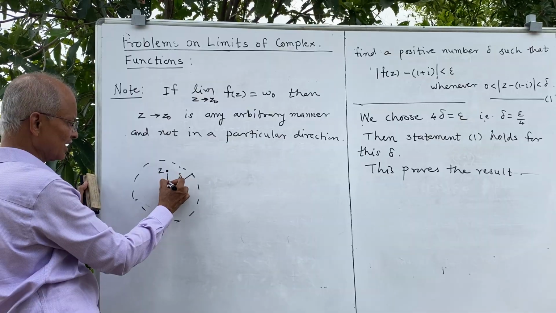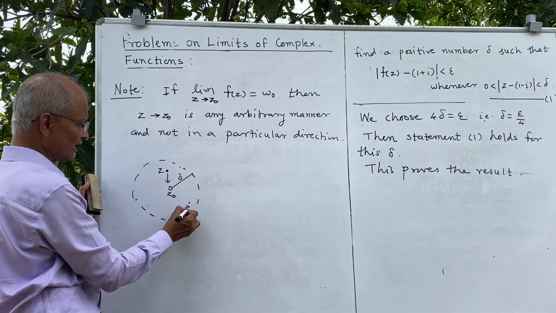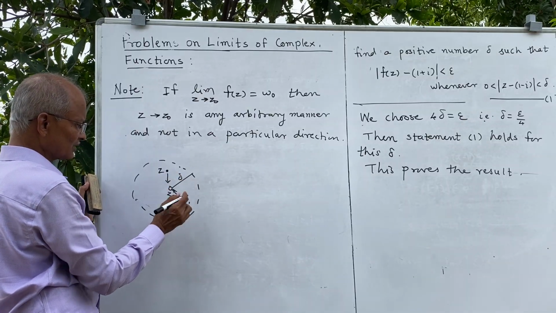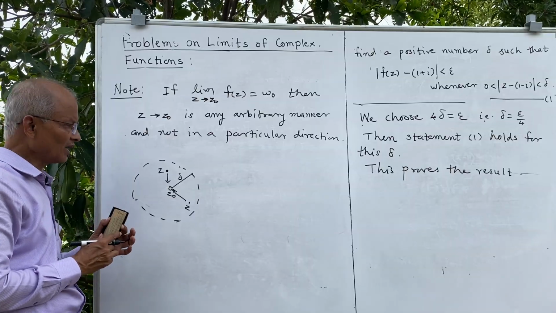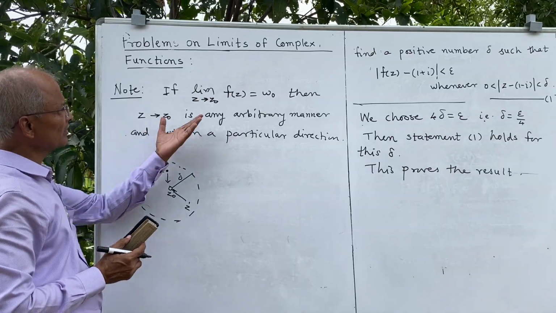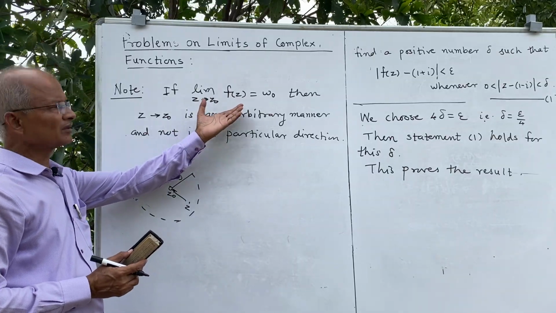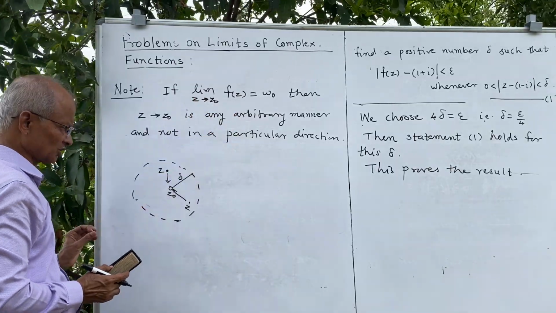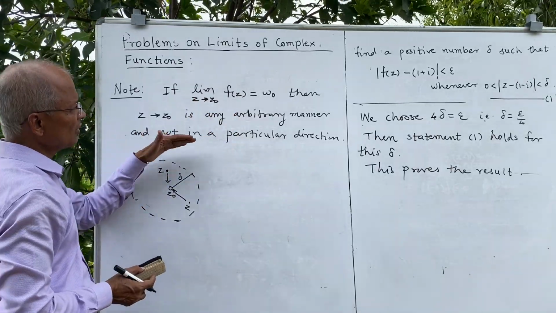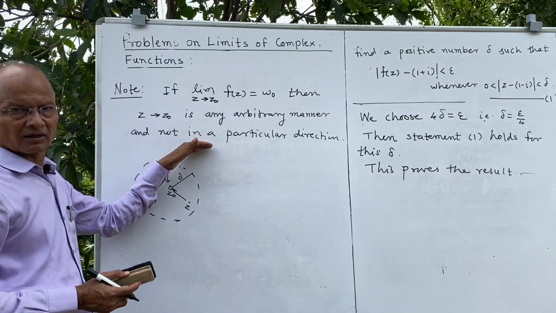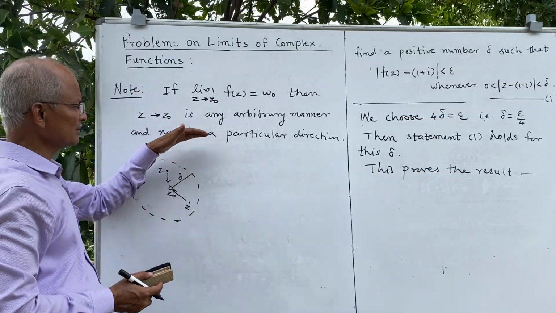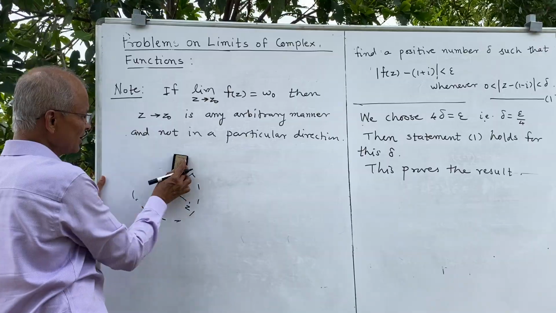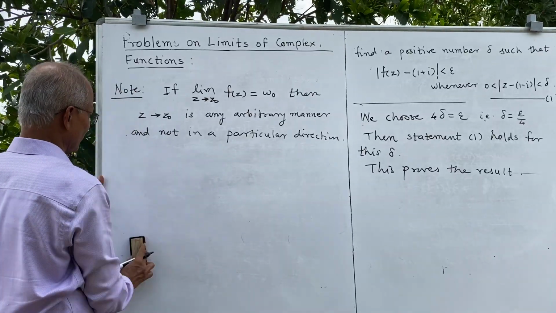If z is here, then it will approach towards z naught in any direction. Then the limit holds, that is the condition for the limit, and not in a particular direction. So we will use this condition to show the limit does not exist in the following problem.